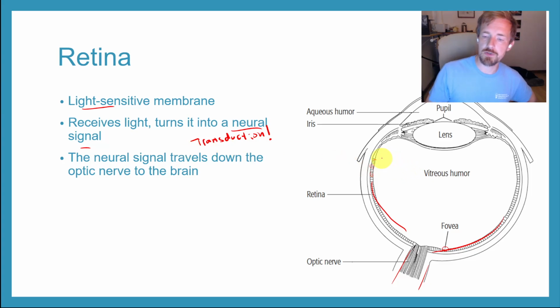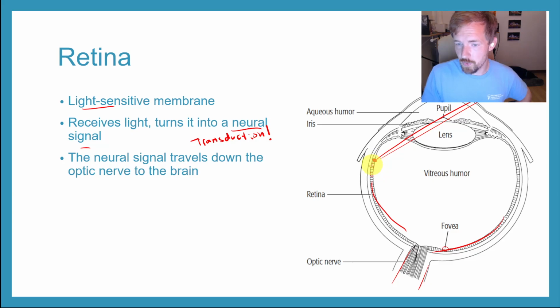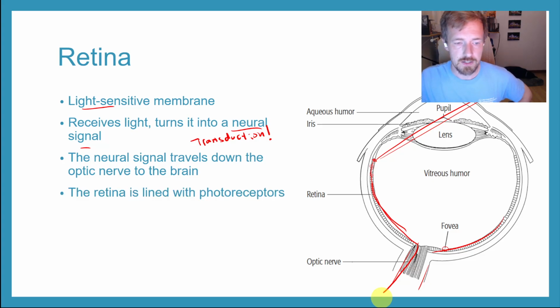So those neural signals, if we see something over here because we saw something right there, that signal is then going to come all the way down, leave out the back of your eye, and then make its way to the back of your head, to the brain.